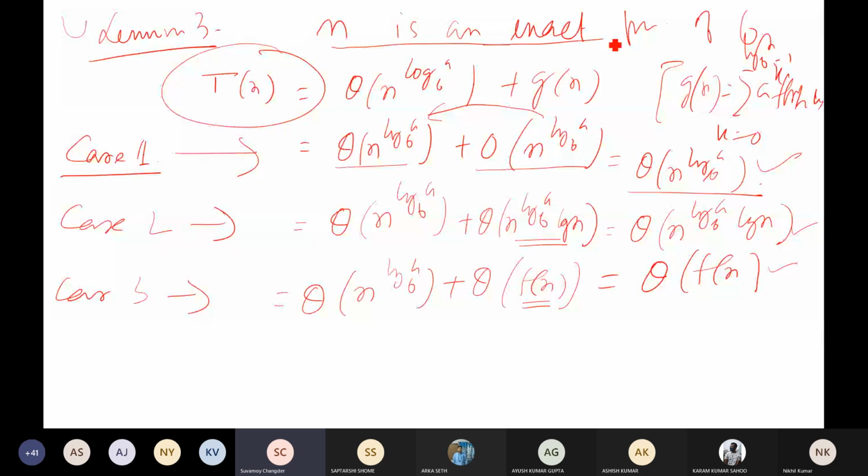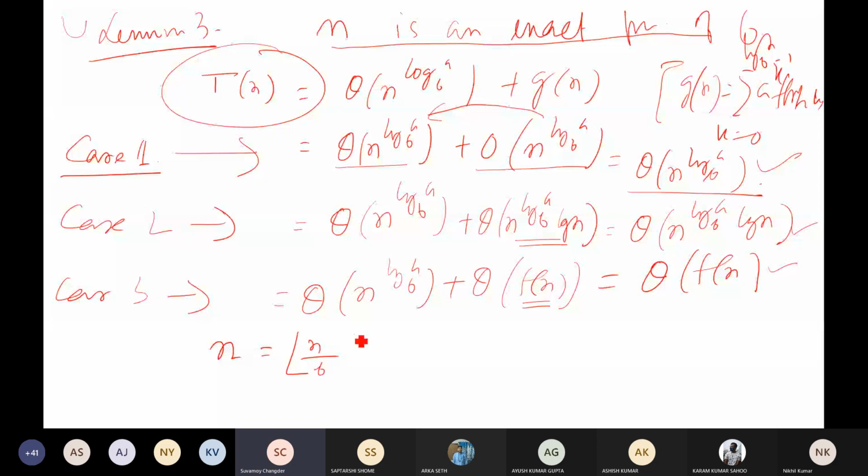Okay. So now how to prove it for all values of n? We just have to consider n replaced by the floor value of n by b or the ceiling value of n by b, and go on iterating the terms in the same way.